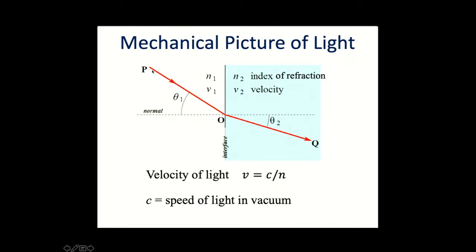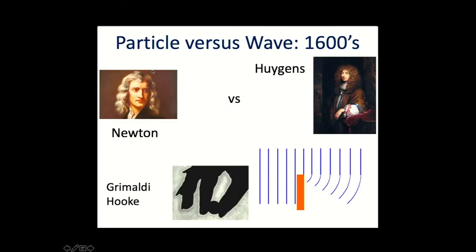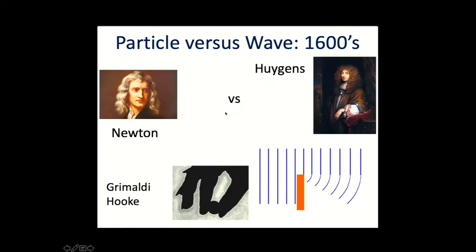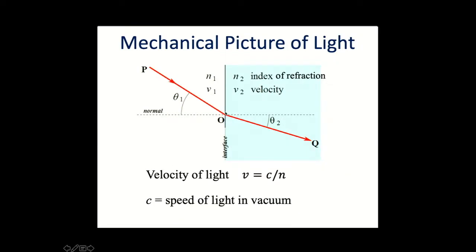So the refractive index also describes how the light will refract at the interface. So in this case, a ray comes in incident at an angle theta 1 to the perpendicular to the interface, and then gets refracted and bent toward that perpendicular line. And that happens because N2 is greater than N1.